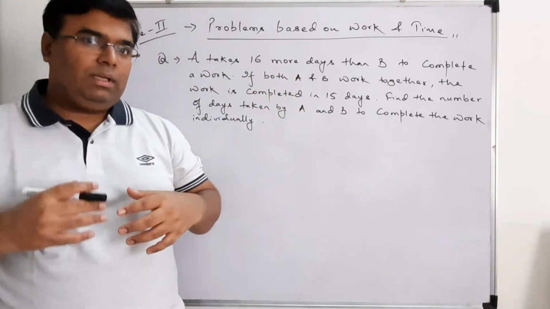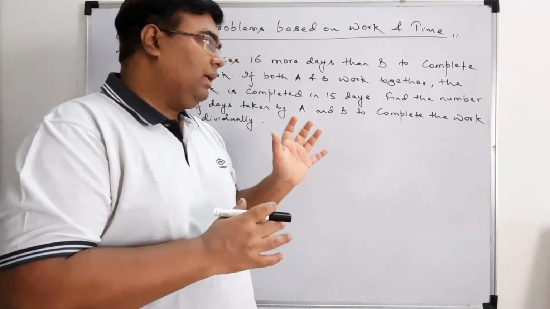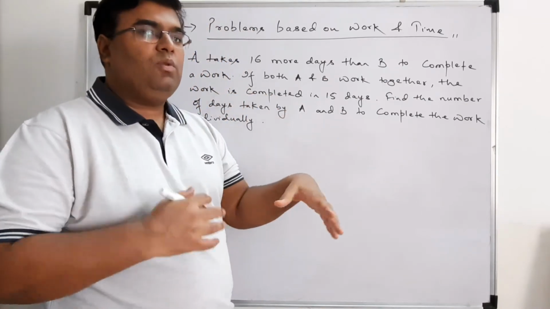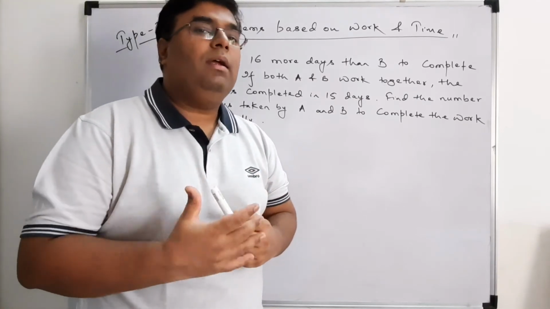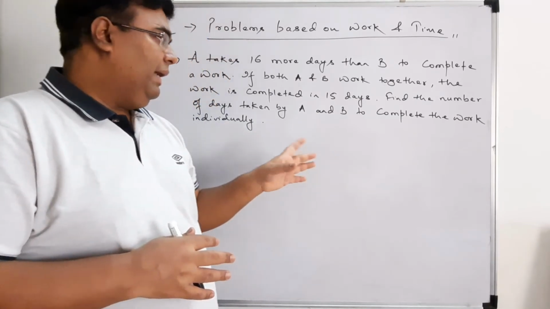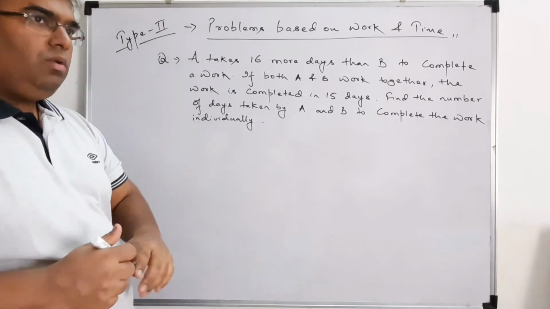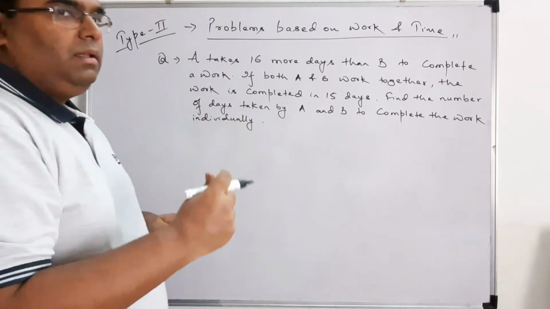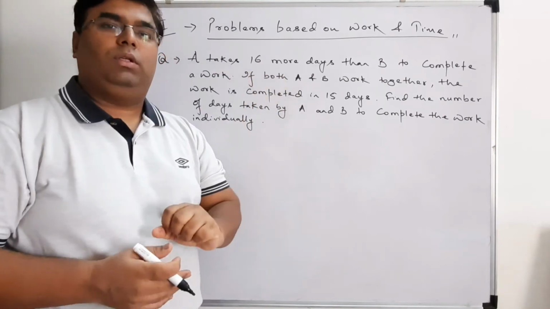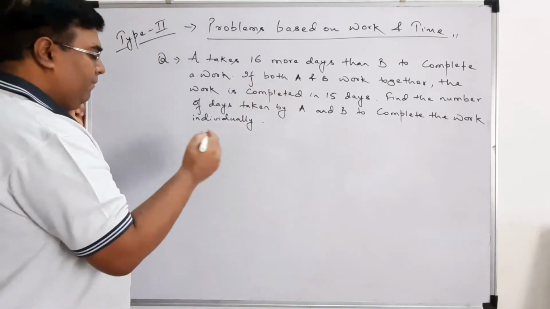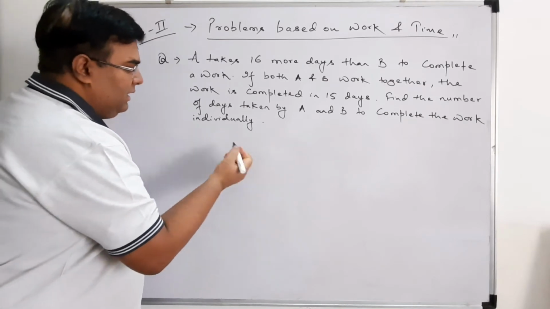So if both do the work together, they can complete the work in 15 days. So we need to find the number of days A or B can do the work individually. So we need to find the single day work of A and B both.